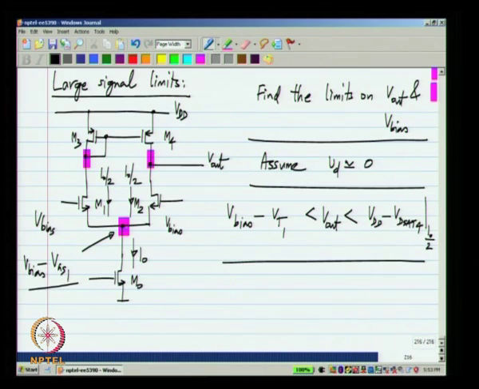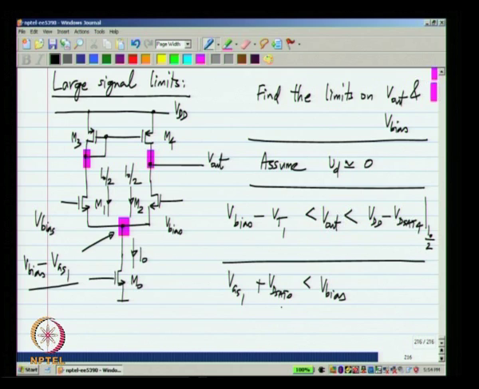So, the tail node simply follows V bias. As V bias comes to very small values, the transistor M0 goes into triode region. Its VDS becomes smaller than its VGS minus VT. So, it goes into triode region and that will limit the lower value of V bias. So, V bias has to be greater than VGS1 plus VD sat 0, and VGS1 itself can be written as the threshold voltage VT1 plus VD sat 1.